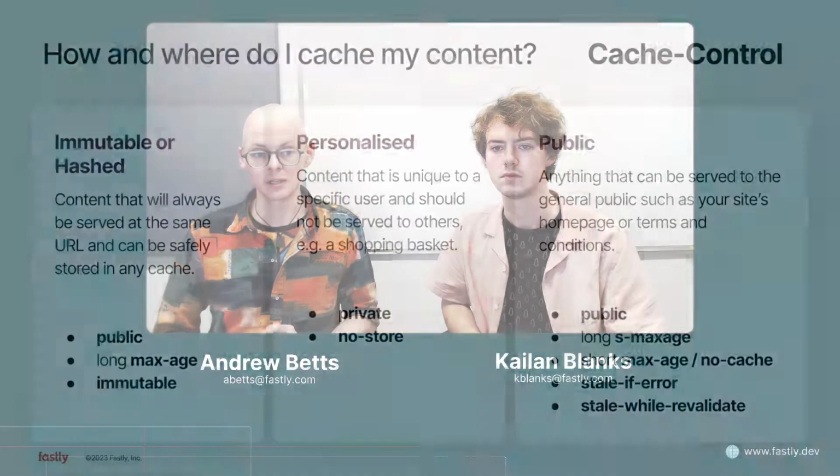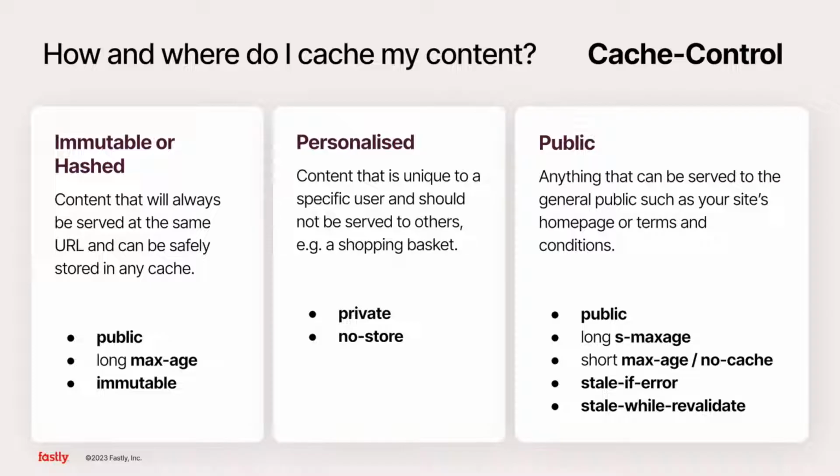So the best cache control value for that kind of content would be public, because it is public content. We can share that content to multiple users with a very long max age. Think in terms of years. Like 1 year is probably fine, because in practice, if you give anything a max age of a year, it's unlikely to stay in the cache for quite that long. It is effectively forever in internet terms, and throw in the keyword immutable.